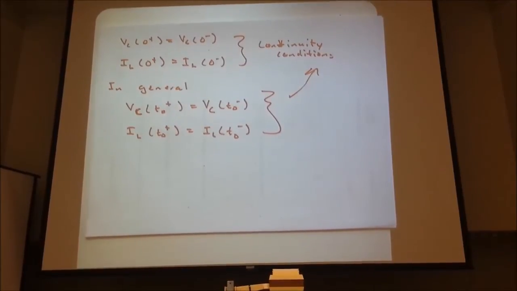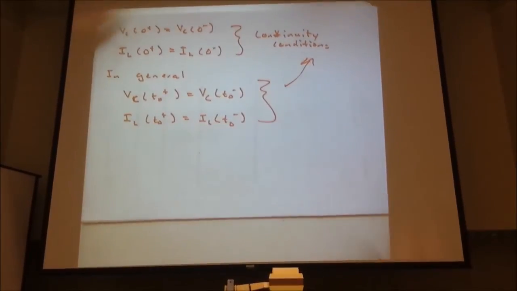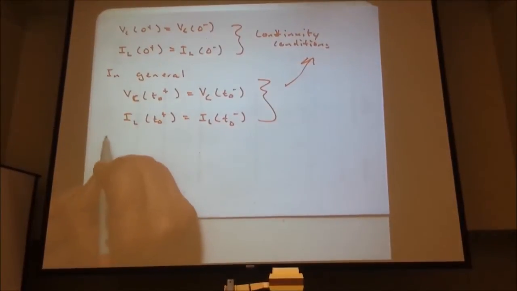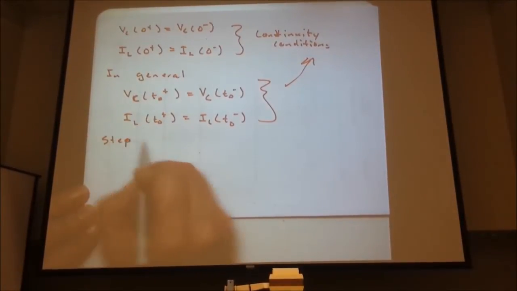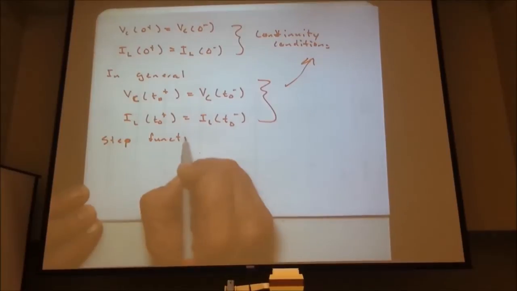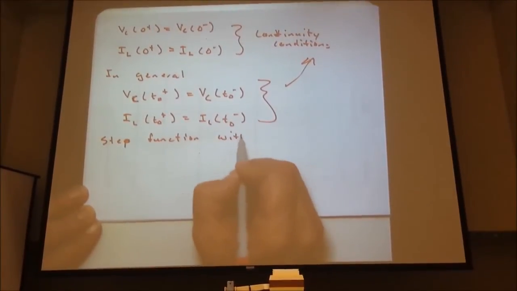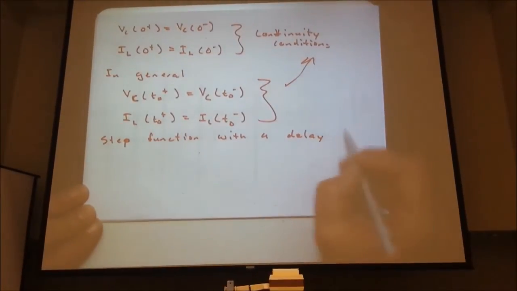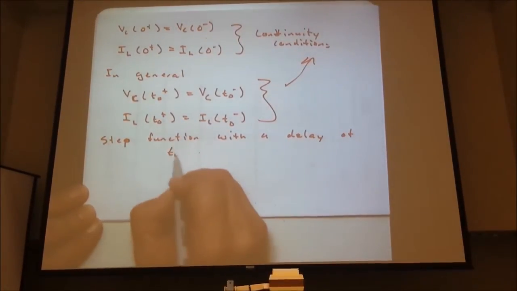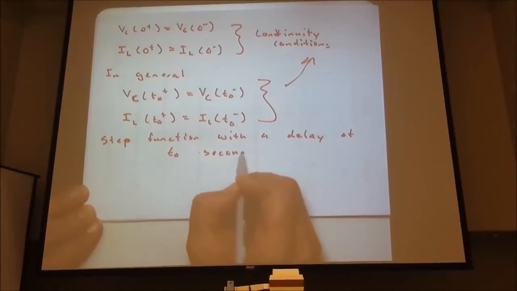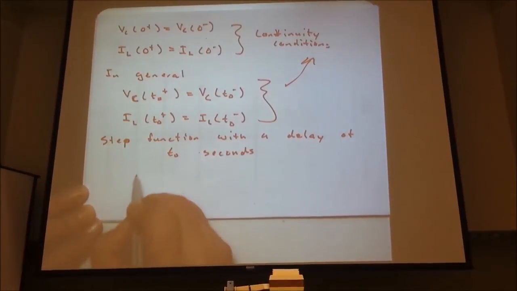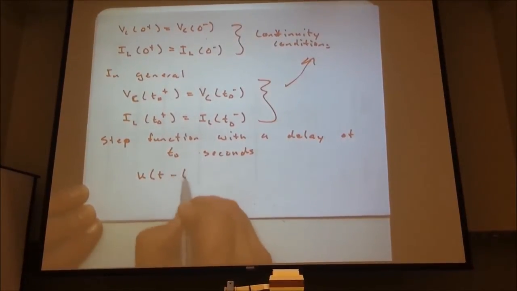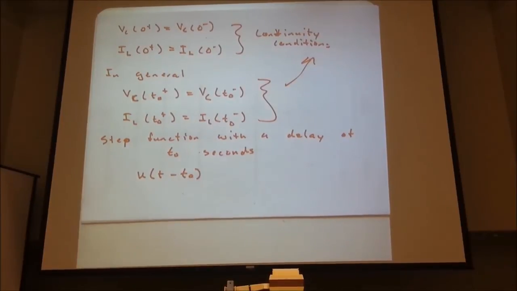And so, as we think of step functions, essentially we can say a step function with a delay of t naught seconds. How do we write that? Well, u(t - t0). So that's a step function that turns on at t naught.